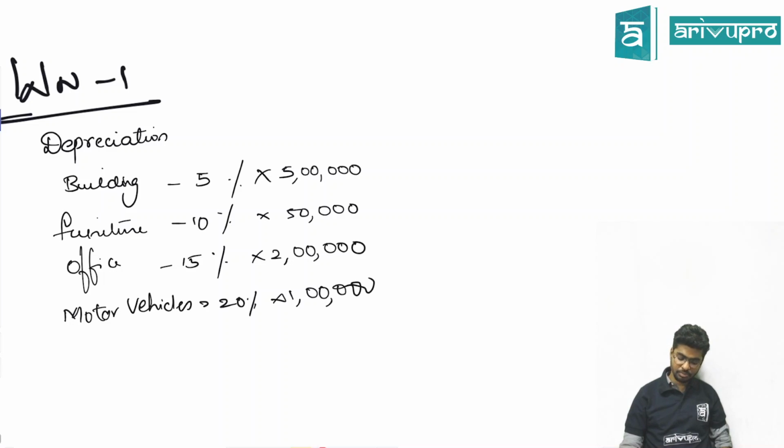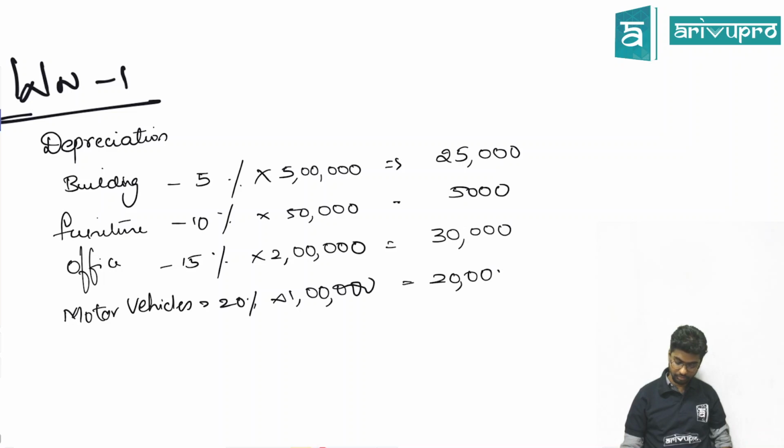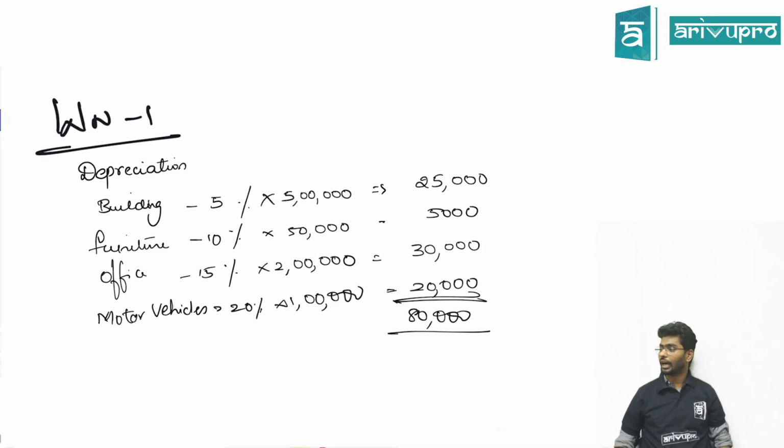So how much does building depreciation come to? 25,000. Furniture, 5,000. Then 20,000. So what's the total depreciation? 80,000. Are you guys fine till here?